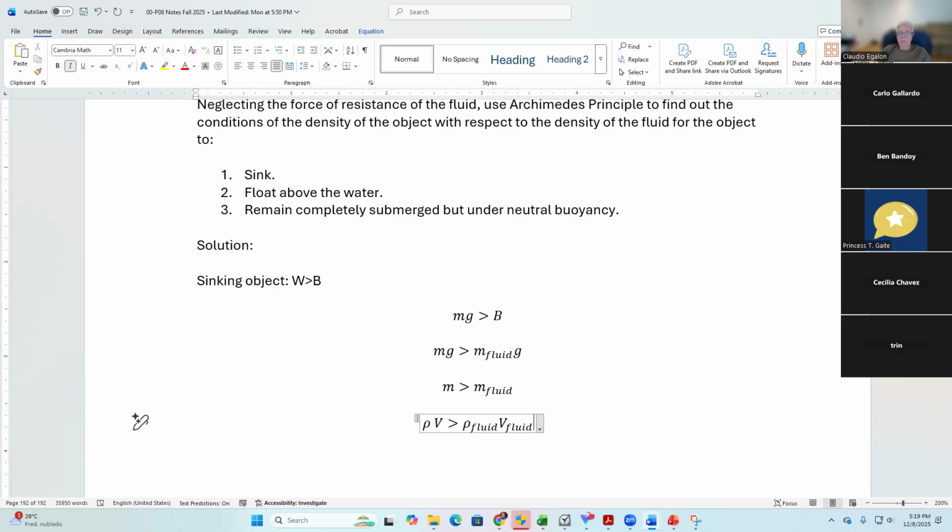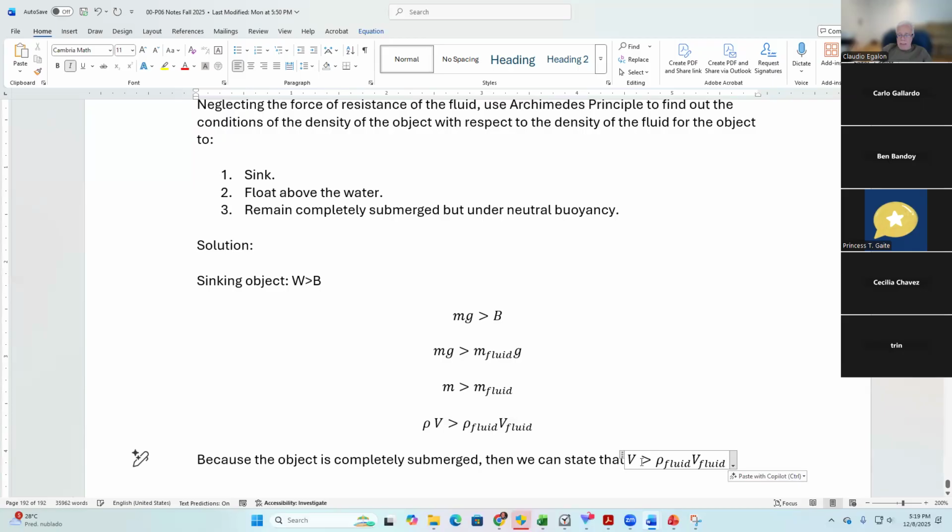Now, something very important. Because the object is completely submerged, we can state that the volume of the object must be equal to the volume of the fluid, right? The object is completely submerged.